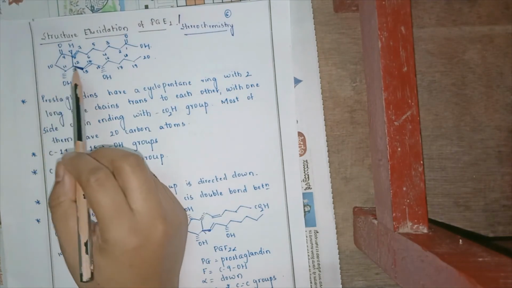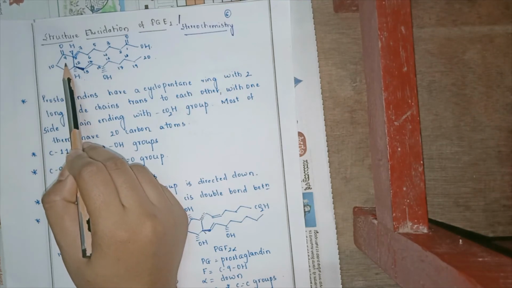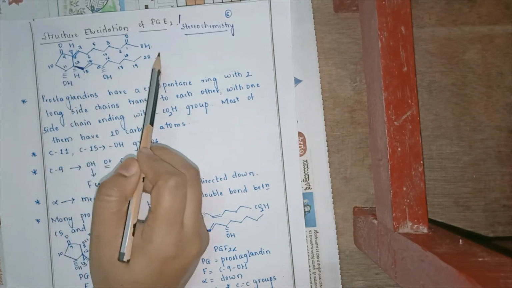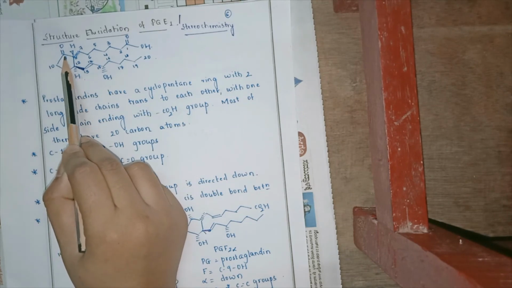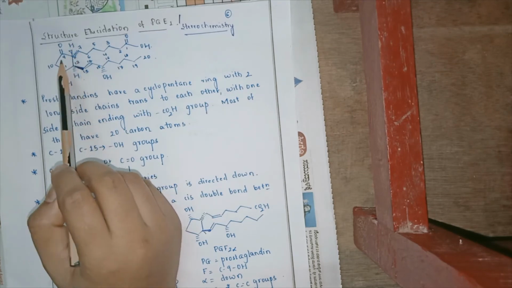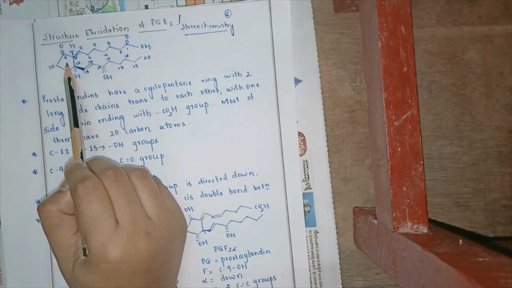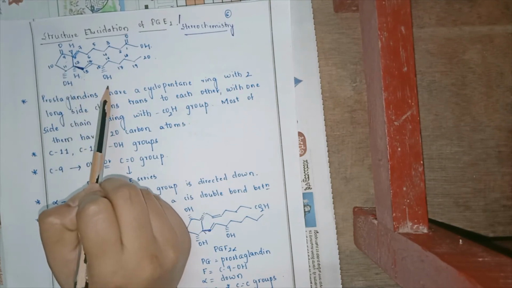We can also see that there is a carbonyl carbon at position number 9, that means it is an E series. If there is an OH at position number 9, it is an F series. In the E series, there is a carbonyl carbon at the 9th position, an OH at the 11th position and an OH at the 15th position.